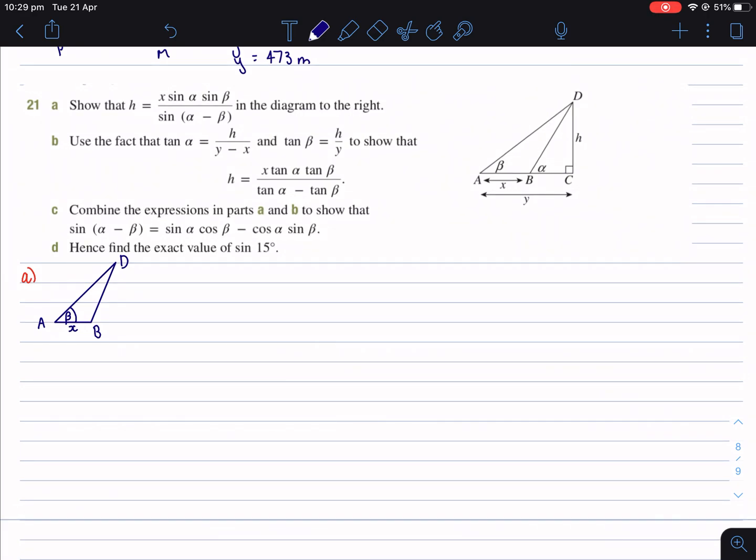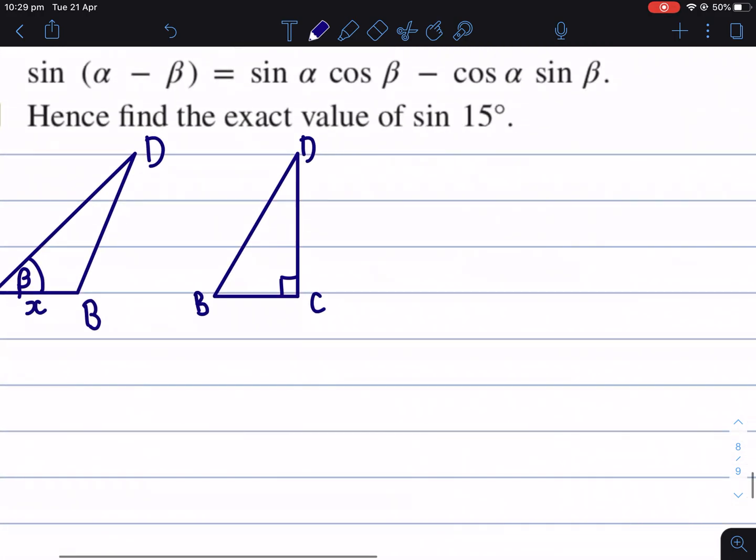I've got BDC, which would be great if I could draw. So this is a right angle, BDC. This is angle alpha.